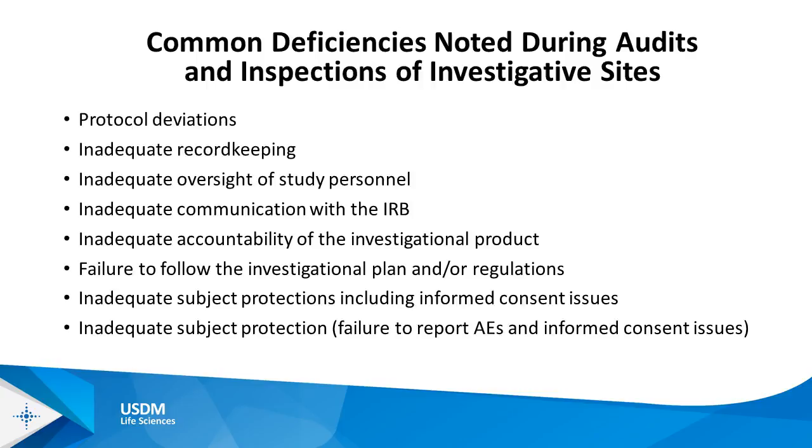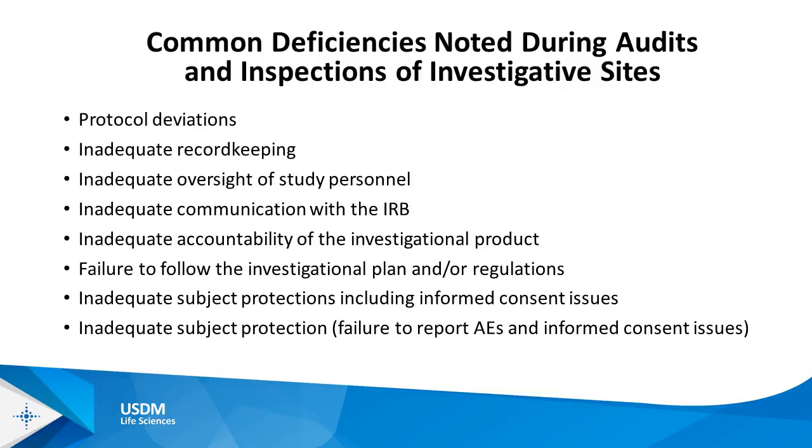Some of the common deficiencies noted during audits and inspections of investigative sites include protocol deviations, inadequate record keeping, and of course this applies to the case histories and the source documents that are maintained at the site. Inadequate oversight of the study personnel, mainly dealing with, of course, PI oversight.